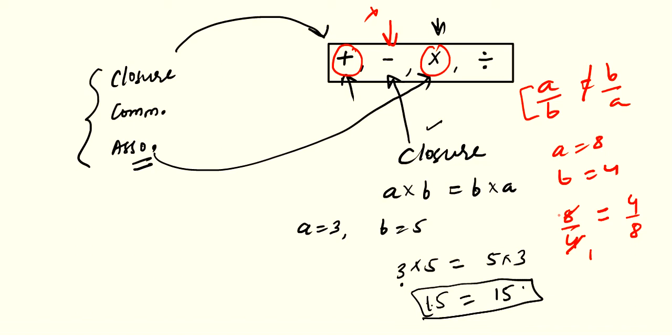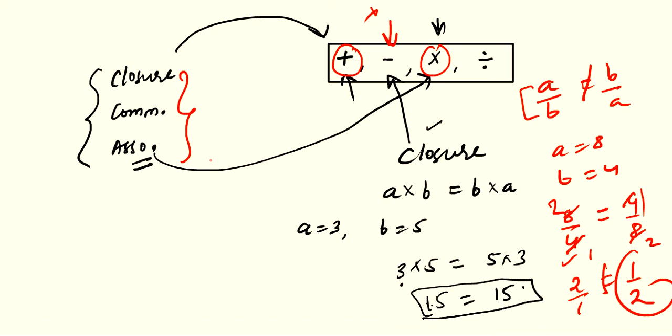On this side 4 twos are 8, so we get 2 upon 1, and on this side we get 1 by 2. Are they equal? No. 2 is a number while 1 by 2 is a fraction. So that's why these properties are applicable only in addition and multiplication. Just remember this.